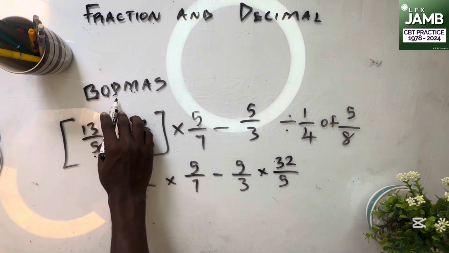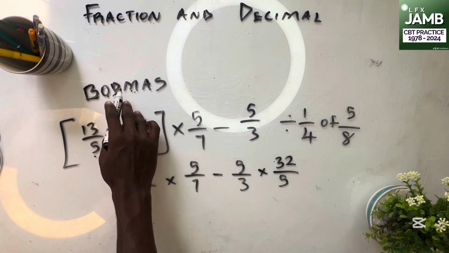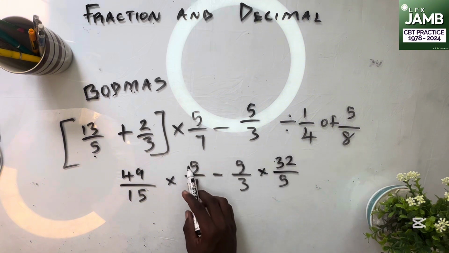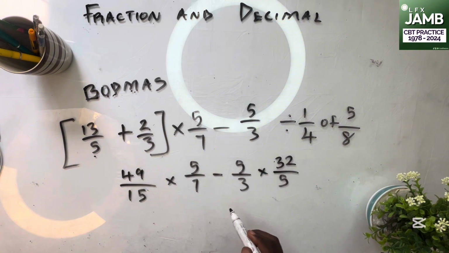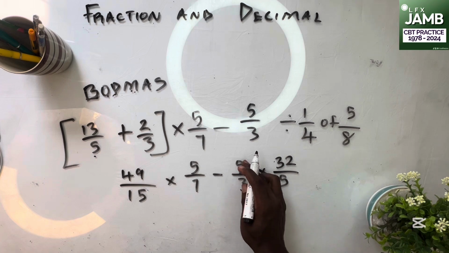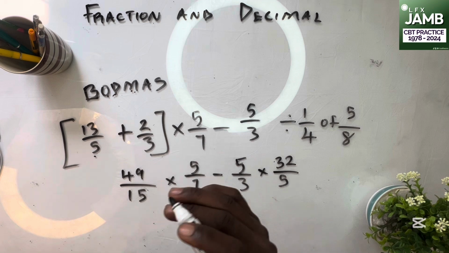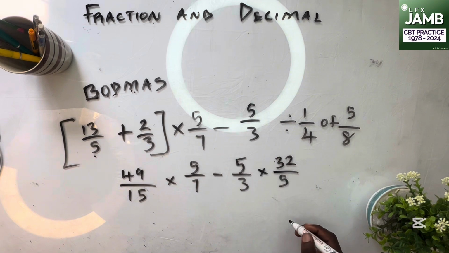The next thing BODMAS says we should do is to multiply. So we have multiplication operation here, multiplication operation here too. So we multiply. Remember I said when you have a common factor at the numerator and the denominator, you cut it down immediately.